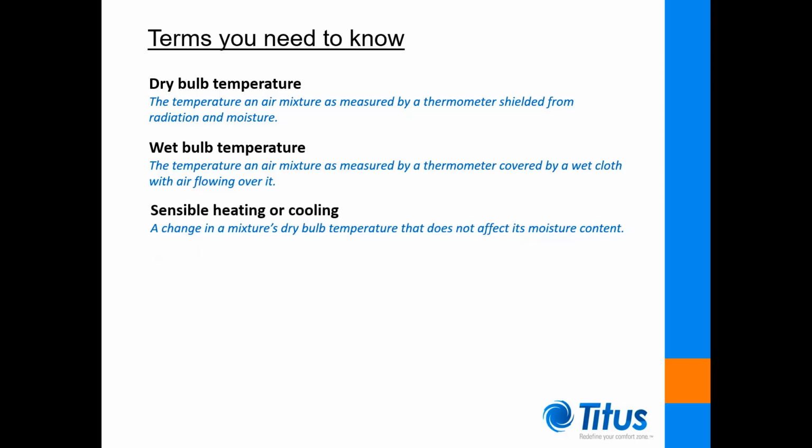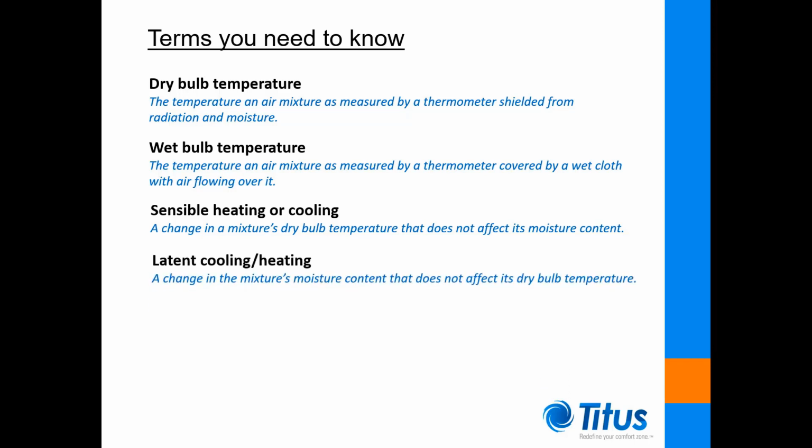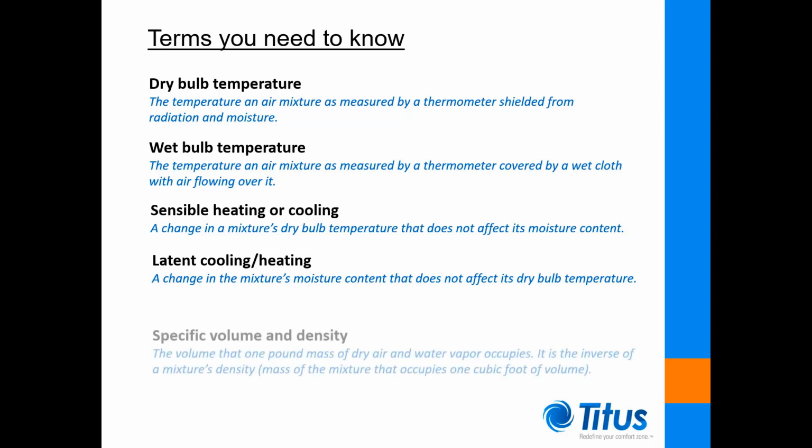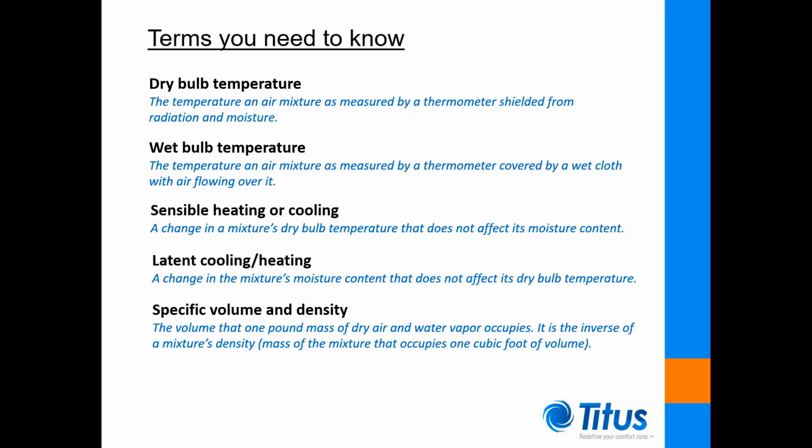Sensible heating and cooling processes change a mixture's dry bulb temperature without affecting its moisture content, whereas, by definition, latent heat transfer processes involve a change to a mixture's moisture content without affecting its dry bulb temperature. Specific volume and density relate the volume occupied by an air mixture to its mass.